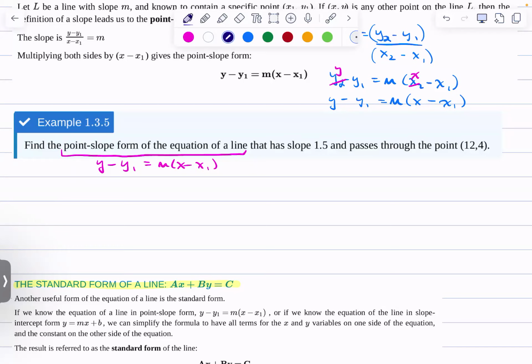Okay. So we want to keep it in this format. And so we write the base form, y minus y1 is equal to m times x minus x1. We have a slope of 1.5, and we have an x1, y1 of 12, 4.